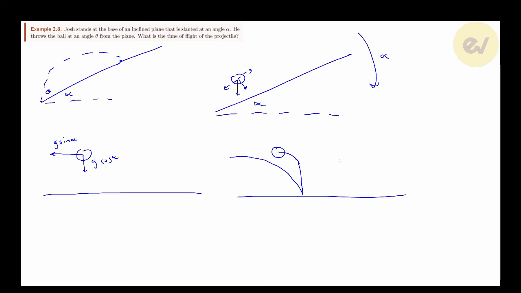Okay, so now knowing this, finding the time of flight of the projectile becomes very, very easy. Now all we have to do is use our kinematics equations in the y direction, because the velocity of the ball in the x direction doesn't affect the time of flight of the projectile. So going ahead and analyzing in the y direction, I think we did this earlier.